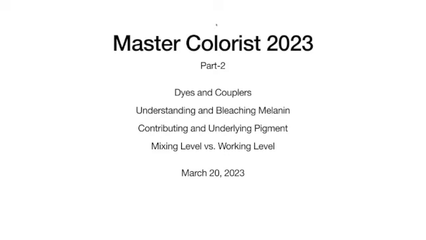We're going to talk about bleaching melanin, and hopefully you'll understand what bleaching melanin is all about and why a lot of things aren't as successful as they could be. Thirdly, we're going to talk about contributing and underlying pigment, depending upon what you call it. I don't care what you call it. And the fourth thing that we're going to talk about is the difference between mixing levels and working levels.